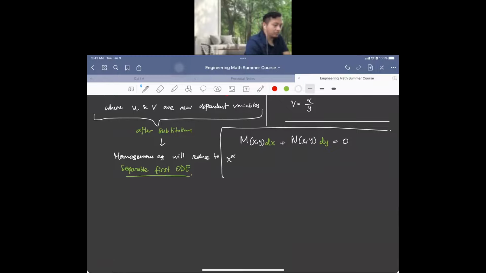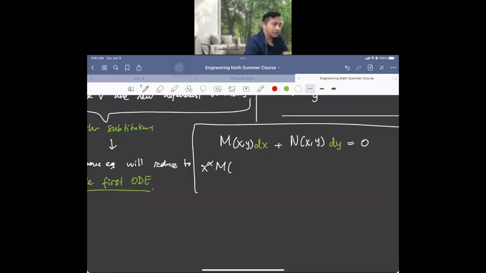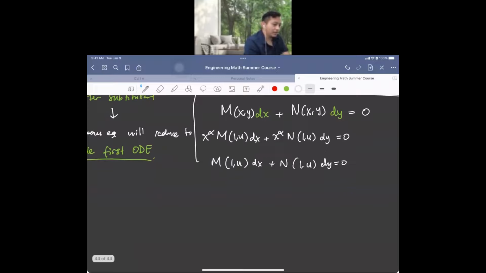The first is x to the power of alpha M, and let's say we are substituting ux, so M(1, u) dx plus, or we can simply take M(1, u) dx plus N(1, u) dy, and then let u be y over x, or y is ux.